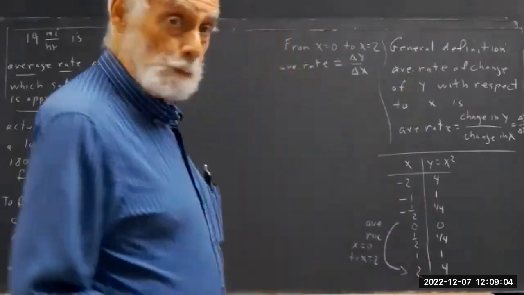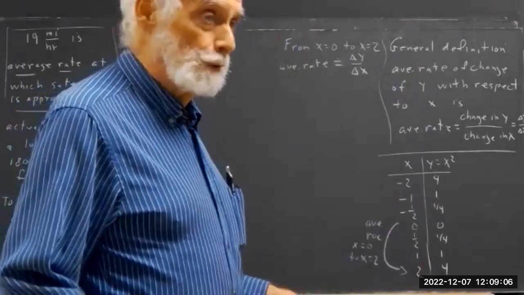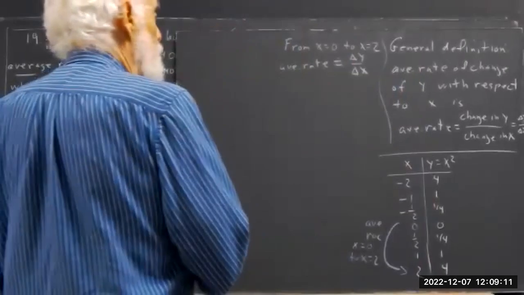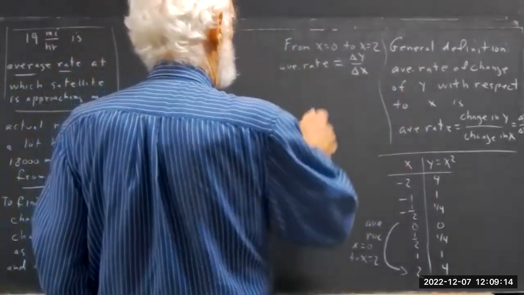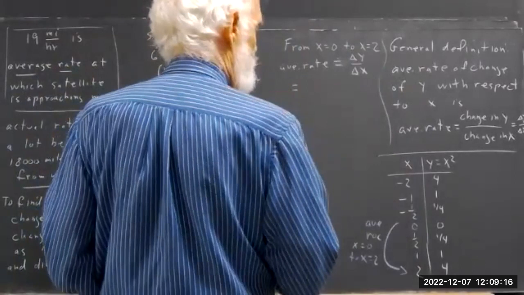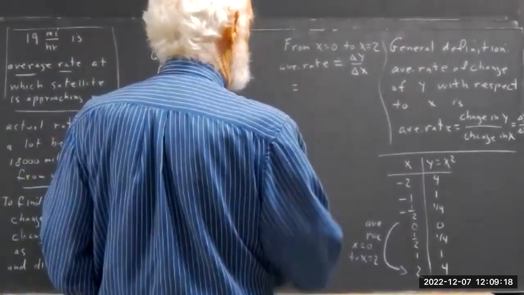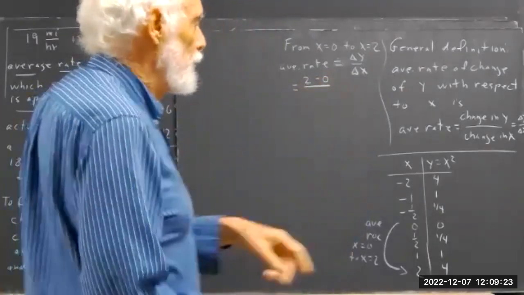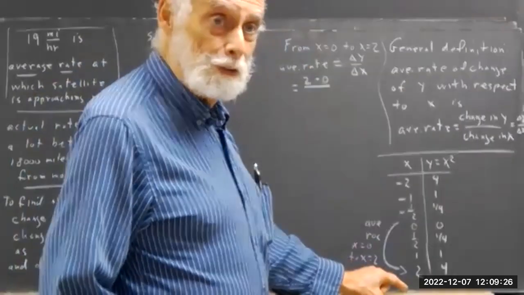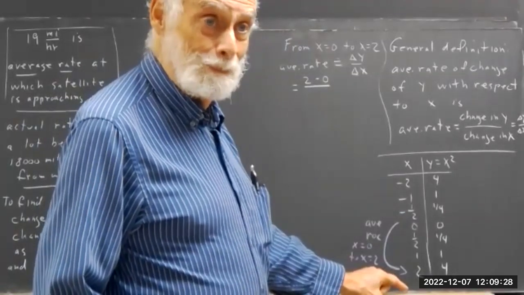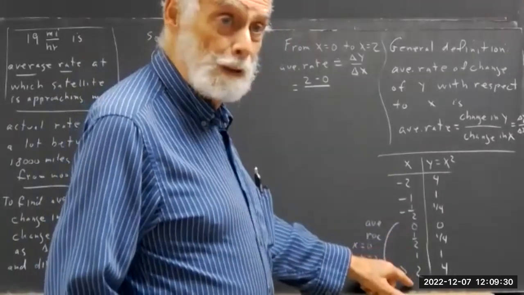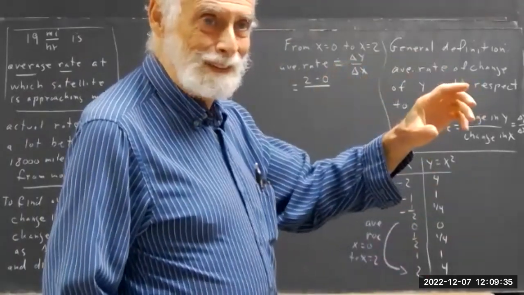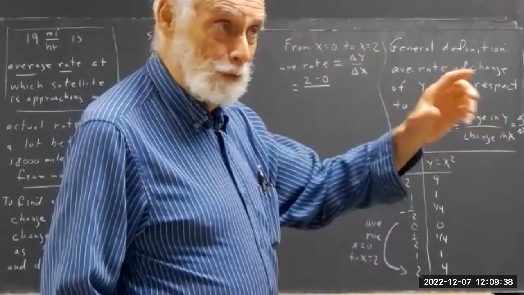Now we're trying to write it out more formally so we know what to do when it gets unfamiliar, which we're going to do in a minute. It's delta y over delta x, and that equals, well, I'm going to write this out as 2 minus 0, because if you have two values of x, you're going to subtract one from the other, right? You're going to subtract where you start from where you end. Just like if you go from milepost 10 to milepost 30, you go plus 20 miles, right? 30 minus 10.